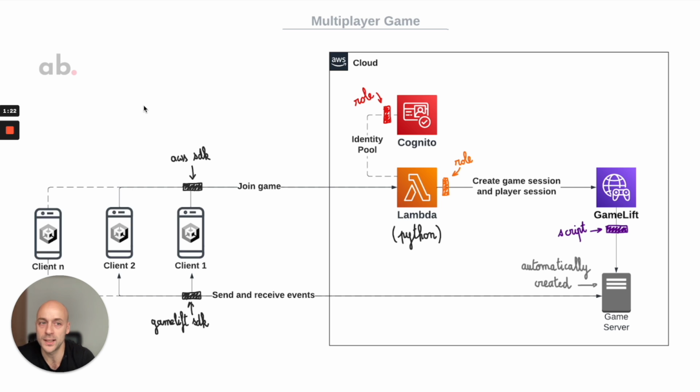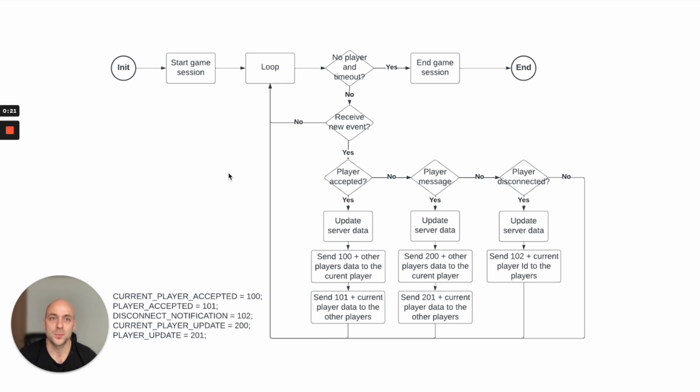Now we will dive into each of those services. Let's start with the core service of our architecture, GameLift. Before creating a fleet, we need to define the behavior of the game server that will be automatically created. For that, we create a script that will be attached to the game server, and this script will basically do two things.